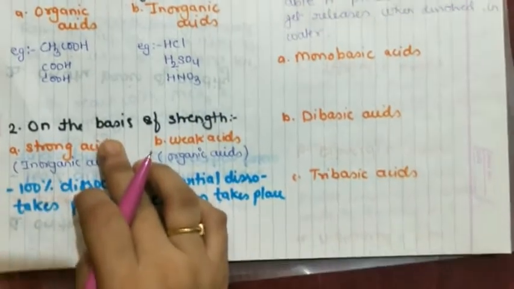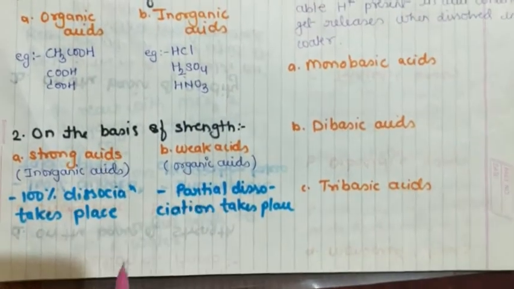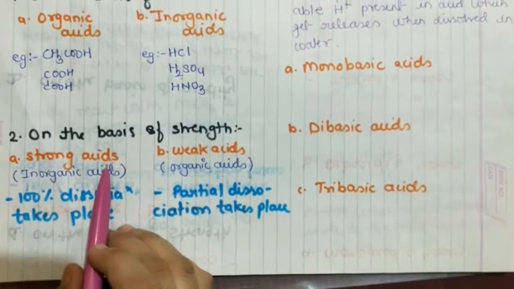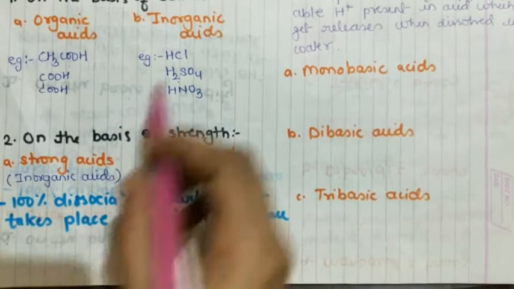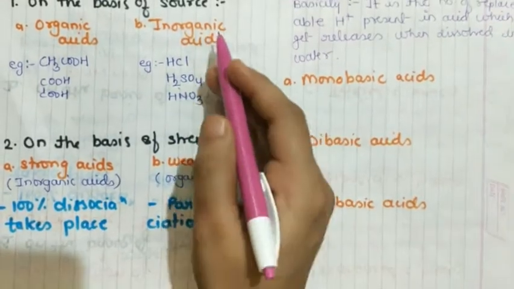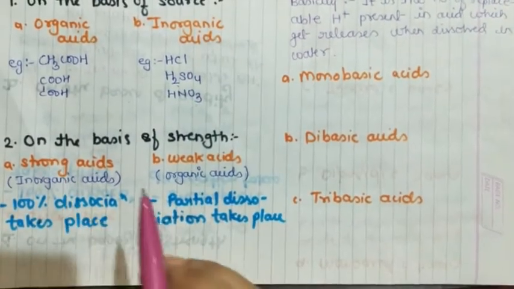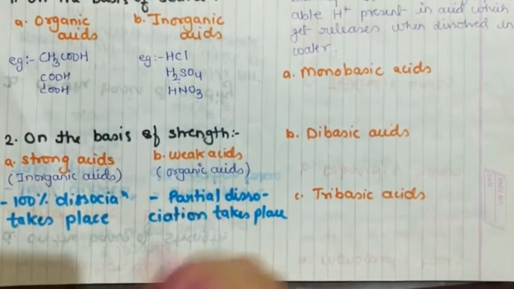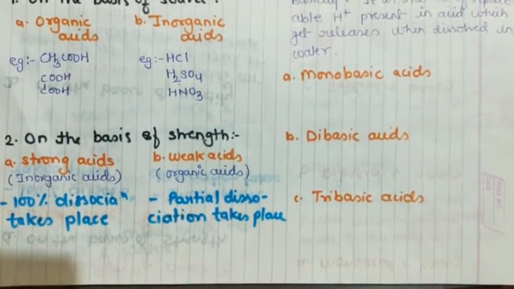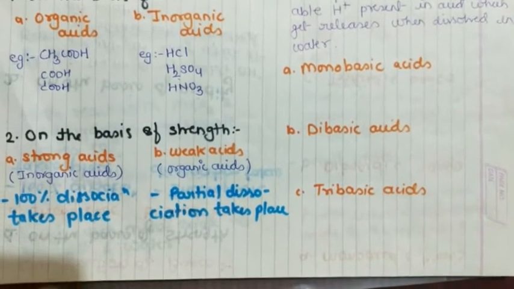On the basis of strength, there are strong acids and weak acids. Generally, the inorganic acids I have told you about are strong acids, and the organic acids are weak acids. How do we decide strong and weak? On the basis of their dissociation power.